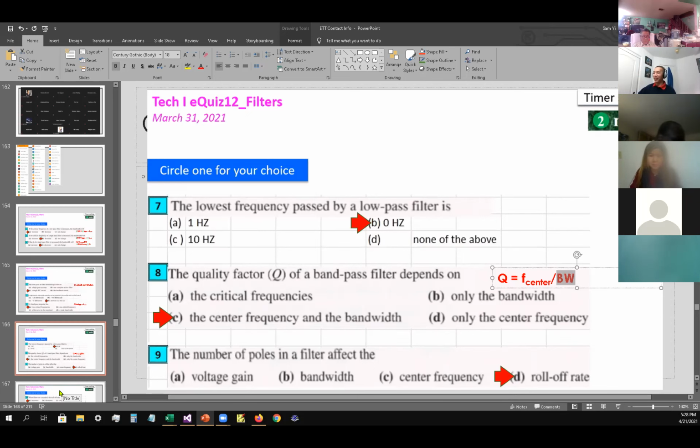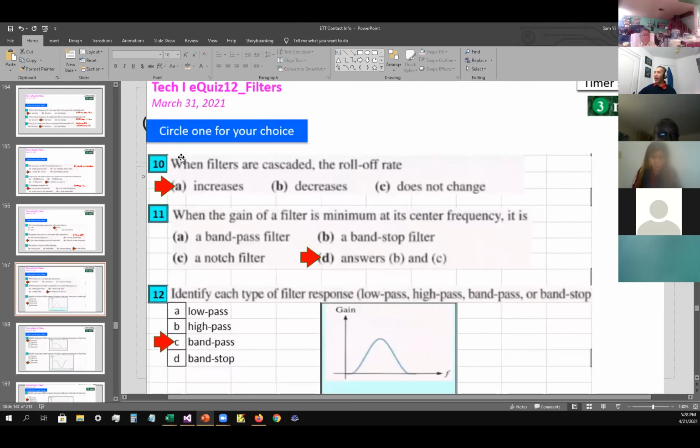Next one. When filters are cascaded, the roll-off rate increases. In other words, it's going to be steeper and steeper. So you have a roll off like this, and then the next one is more steep, until we get to something like a cutoff, more of an ideal, square response.